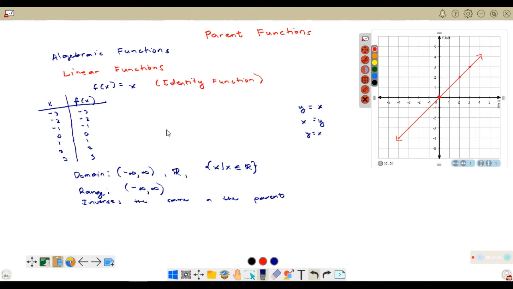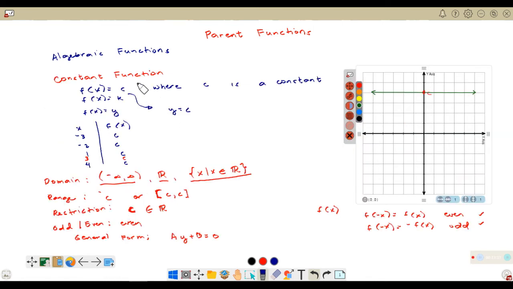Now, let's talk about the restriction. So, unlike dun sa kanina natin, balikan natin kanina si algebraic function. Ang restriction niya, basta si c ay element of the set of real numbers, pwede, okay lang.